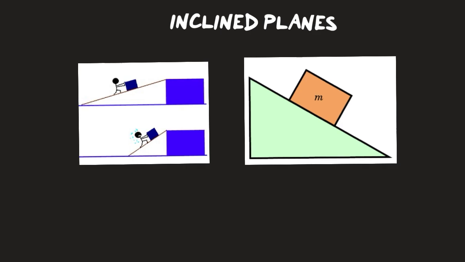So when I'm talking about inclined planes, all we're talking about is that the surface is at an angle. It is not parallel to the earth. All right.